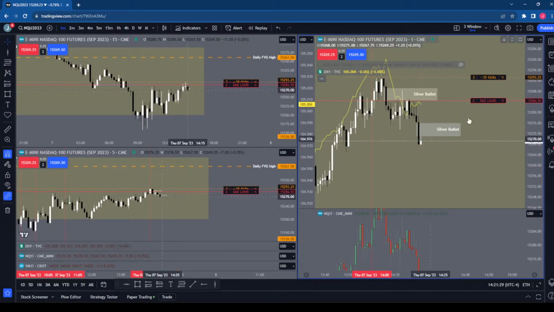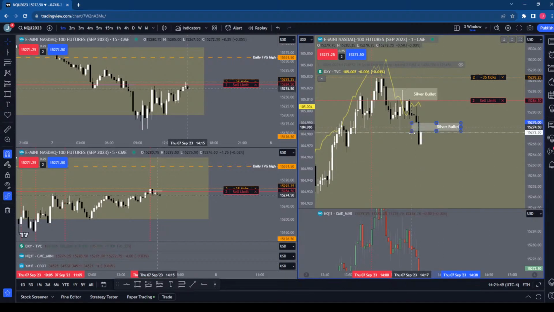I'm gonna wait for this candle to print, see if it wants to print a fair value gap.